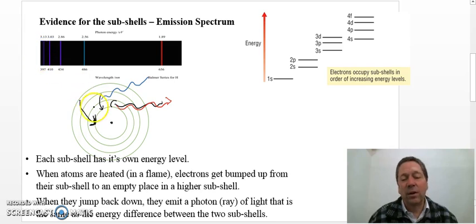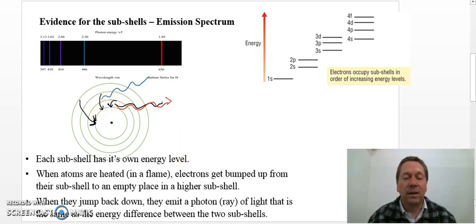So the fact that hydrogen gives off different colors means that we can make a deduction, we can figure out that the electrons are coming from different energy levels and jumping back down again.